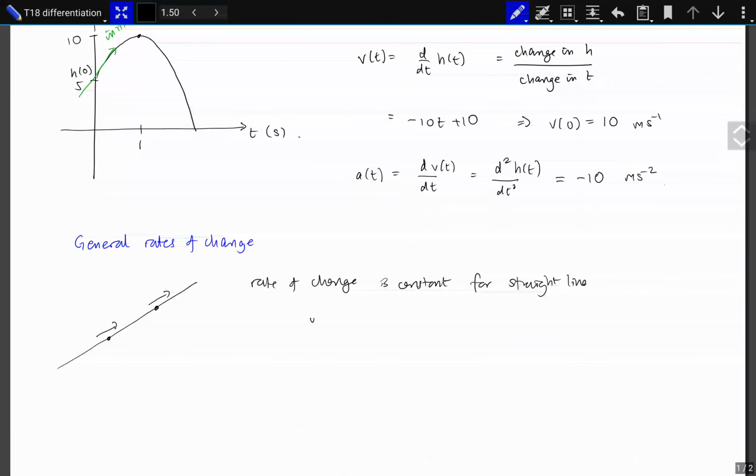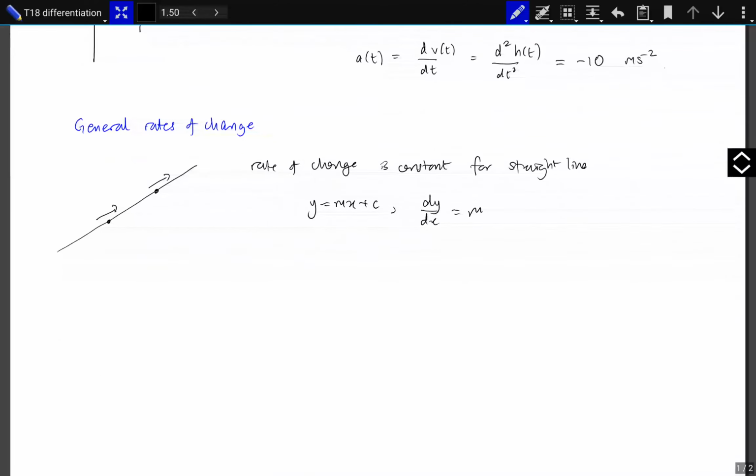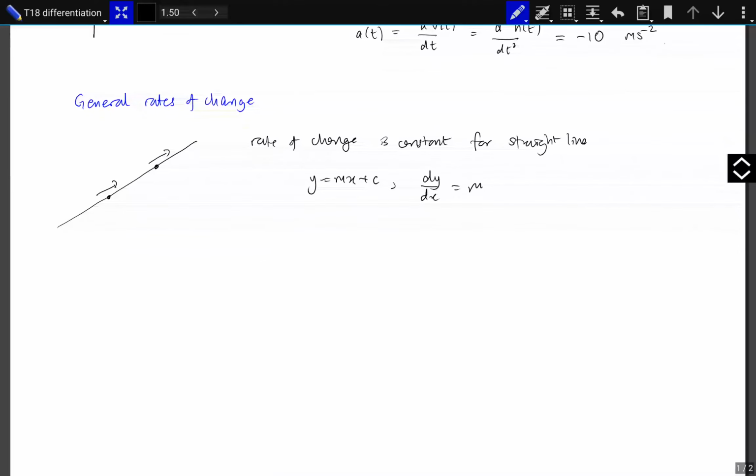If your function is y is mx plus c, you well know that the rate of change is this constant, as above in the acceleration case. But we're going to do things which have non-constant rates, and later on in the integration section we'll also do non-constant acceleration. So look forward to that.